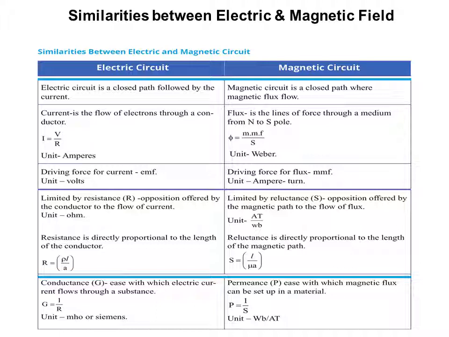So reluctance is the opposition to flow of flux and unit is ampere turns per Weber. Reluctance is directly proportional to the length of the magnetic path.